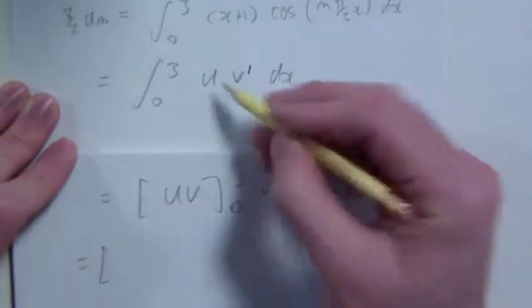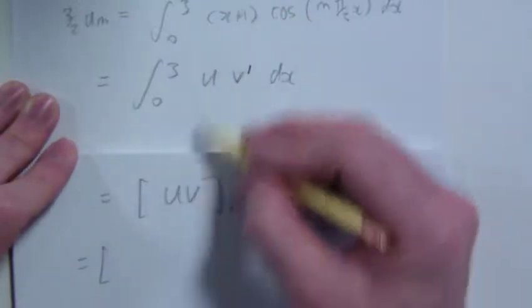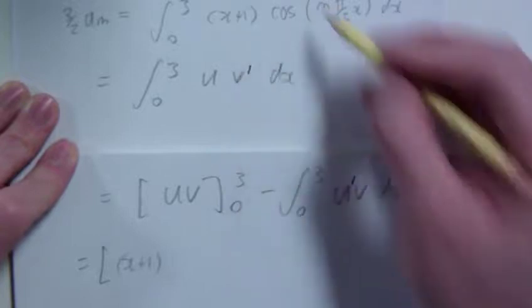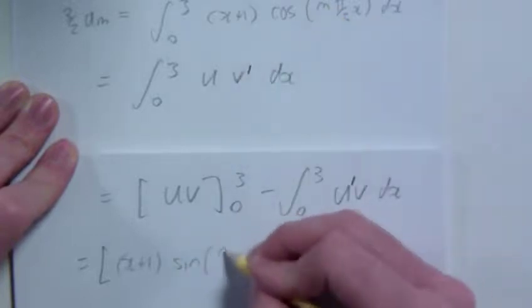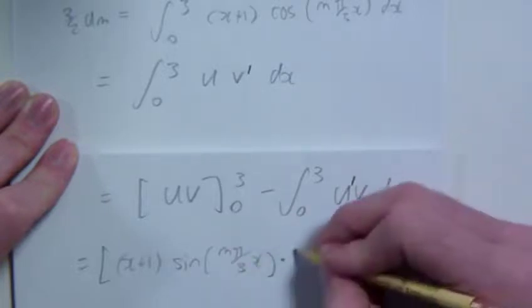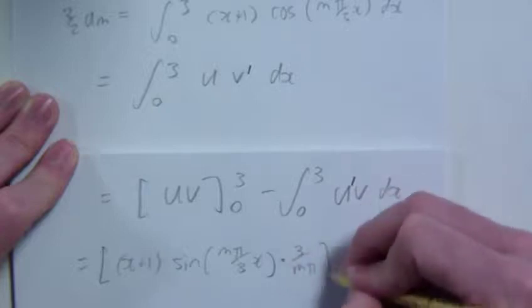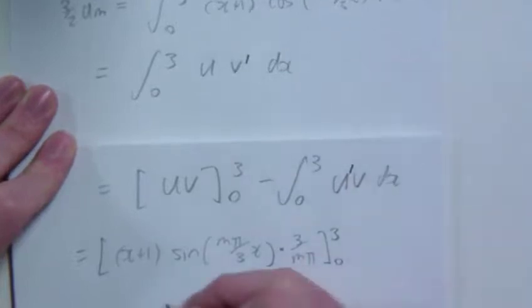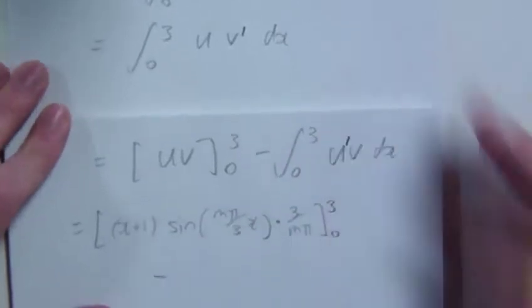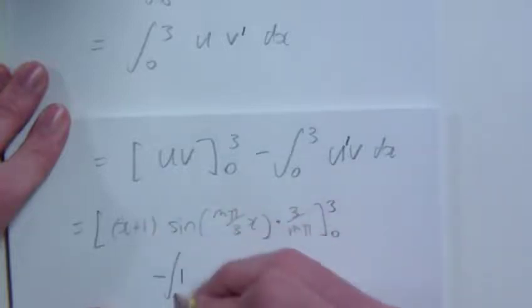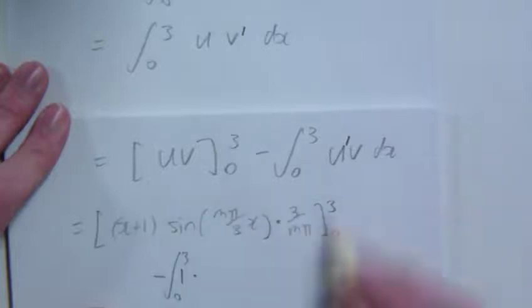So let's see, I need a u, and up here my u is x plus 1. I need a v, and up here my v dash is this, so I'm going to have to integrate it. But because of the chain rule, I'm going to have to divide by that constant. And then let's see, my u was x plus 1, so my u dash is 1. And my v is what I just calculated.